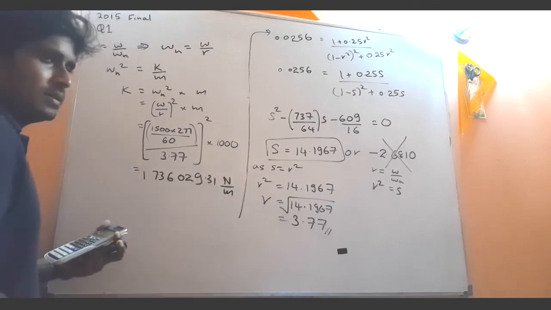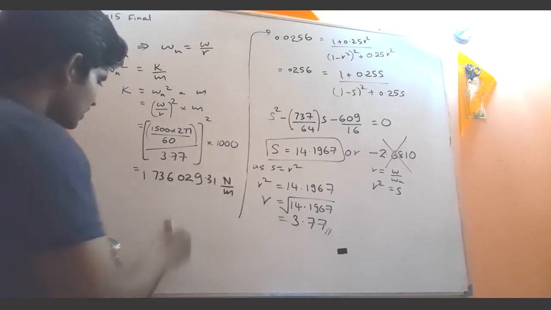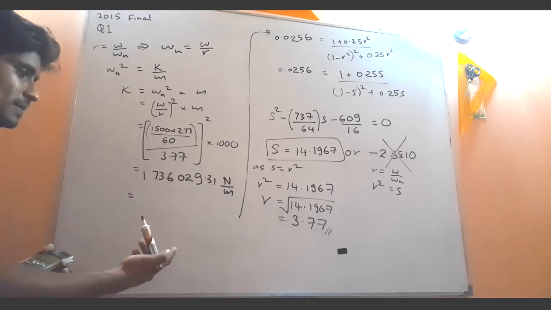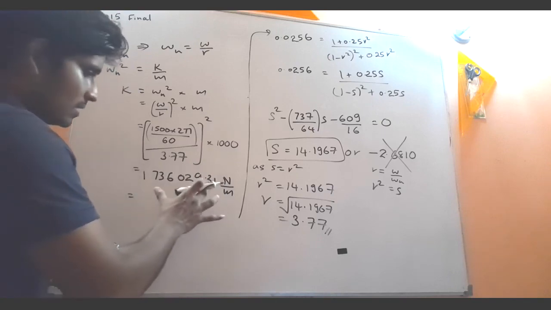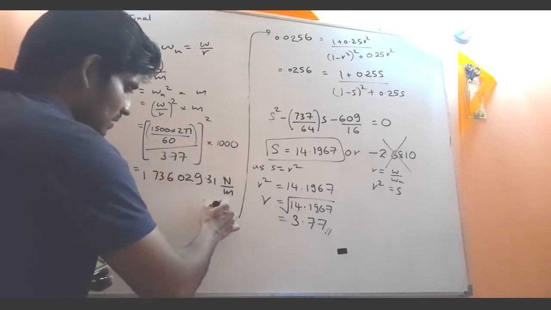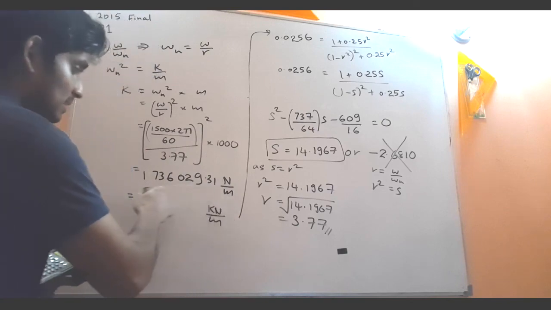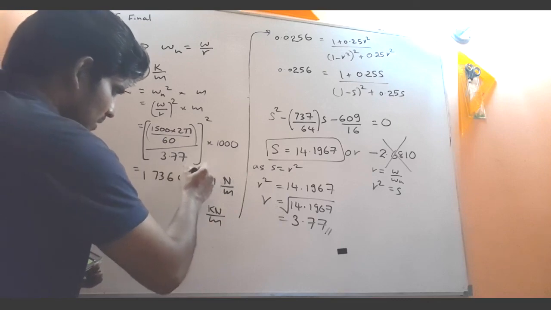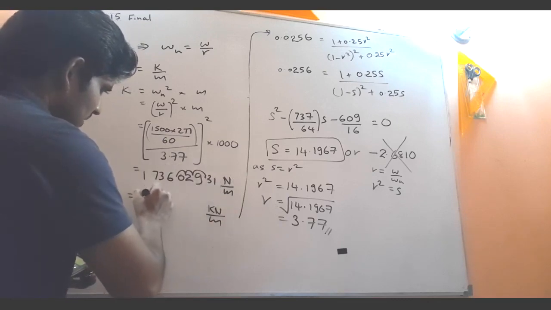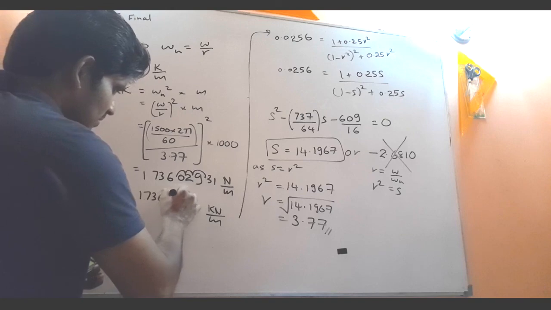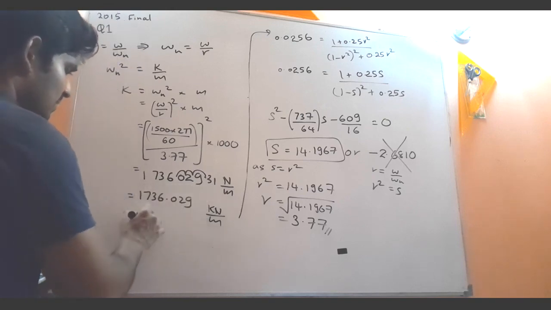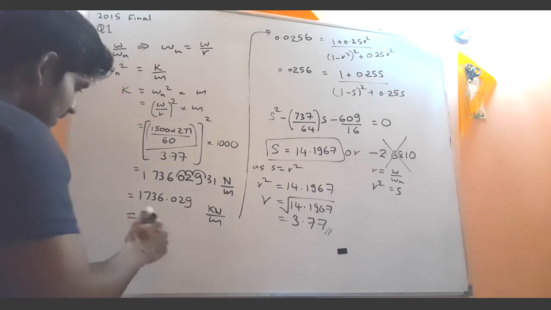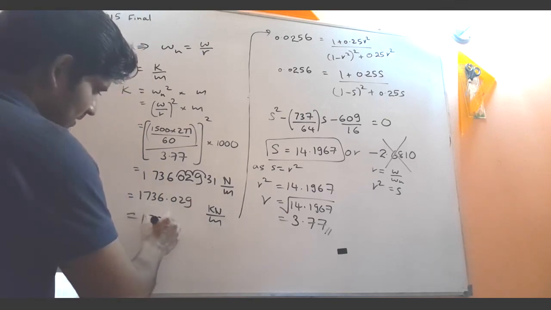As it is a large value, you can divide this by 1000 and keep the units in kilonewtons per meter. Divide by 1000 means take 3 decimals backwards, so 1736.029. It doesn't matter, we can consider it as 1736.